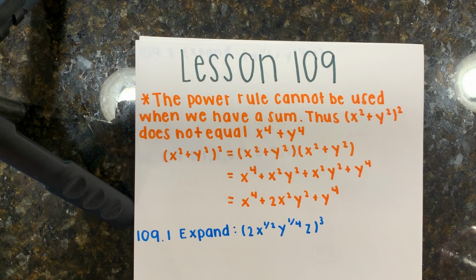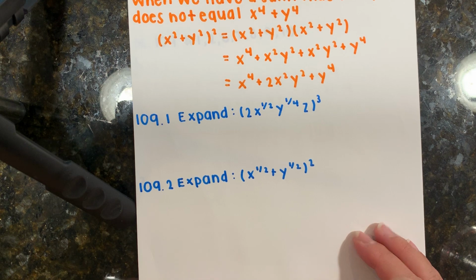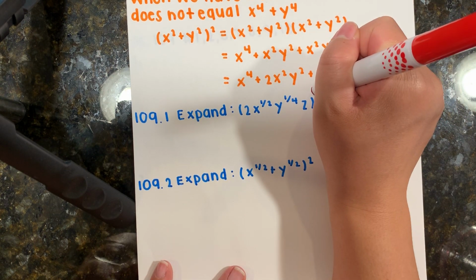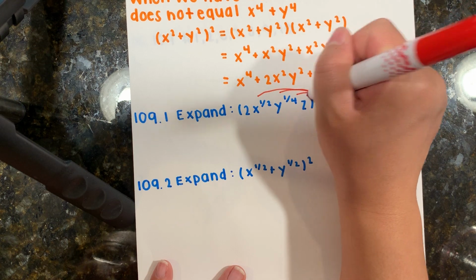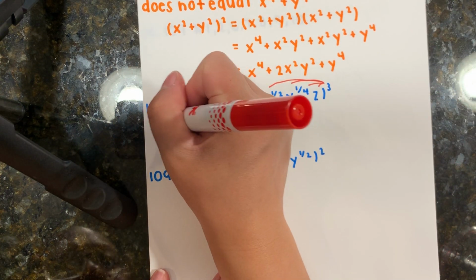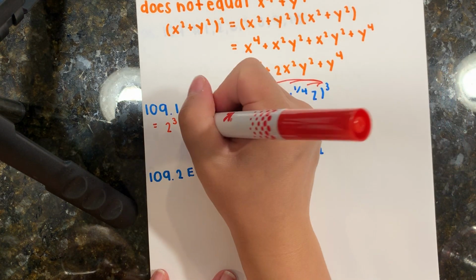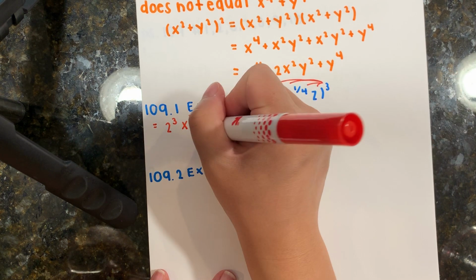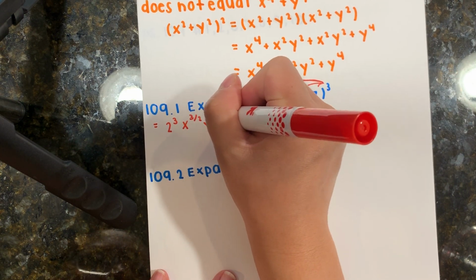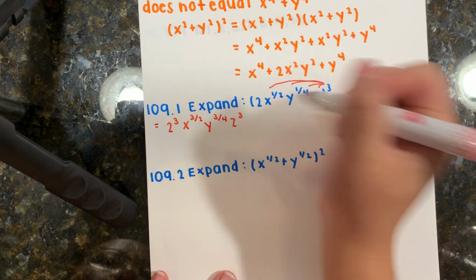Okay. So what I'm going to do is go through the examples. The first one is going to look similar to something you've seen before. So I'm just going to distribute the 3 to the exponents. And that would give me 2 to the third, x to the 3 halves, y to the 3 fourths, and z to the third.